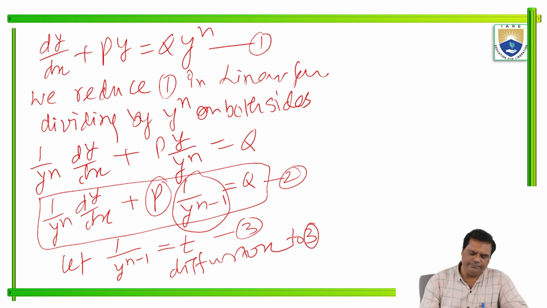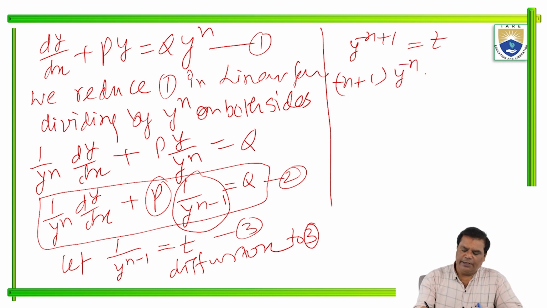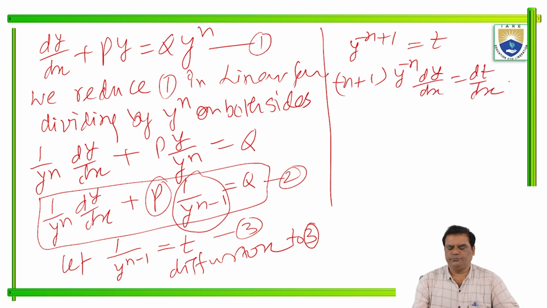Differentiating equation 3 with respect to x, we get y to the power minus n plus 1 equal to t. Then minus n plus 1 times y to the power minus n, dy/dx, is equal to dt/dx.